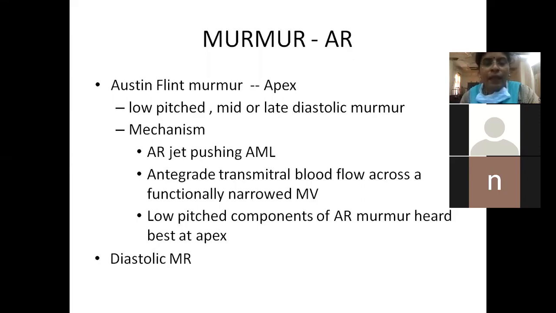In aortic regurgitation, the jet of blood from the aorta pushes the anterior mitral valve leaflet, leading to functional mitral stenosis that produces your diastolic murmur. So AR pushes the anterior mitral leaflet, leading to a narrowed mitral valve leaflet, that causes your late diastolic murmur.